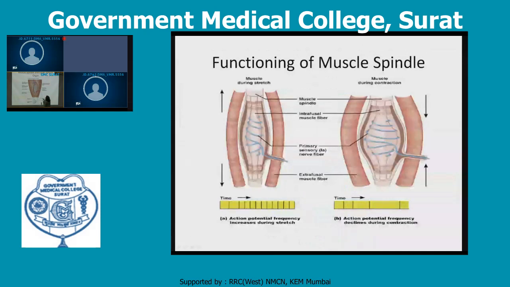Now, these muscle spindles have two types of responses. One is the static response and the other is the dynamic response. The static response occurs all throughout the stretch of the muscle spindle; they keep on firing action potentials during the stretch.